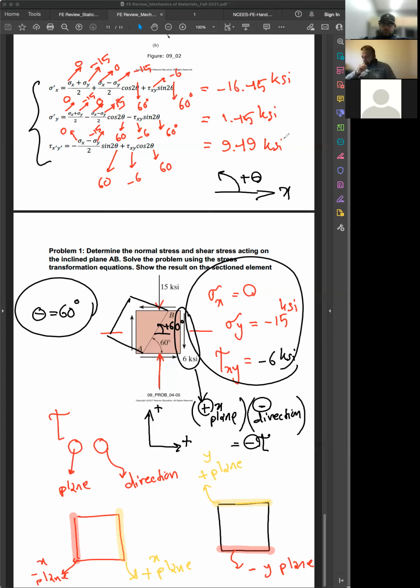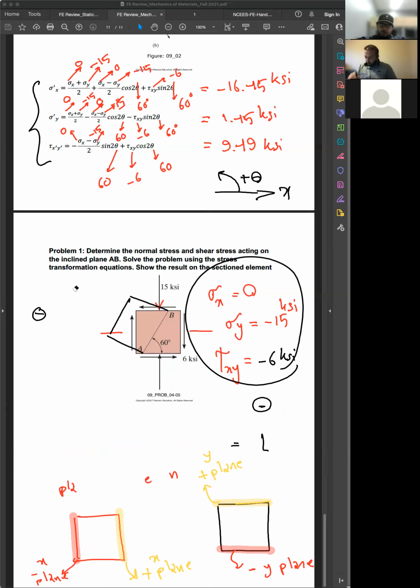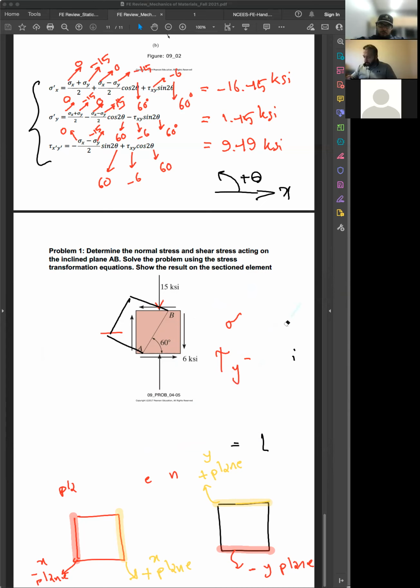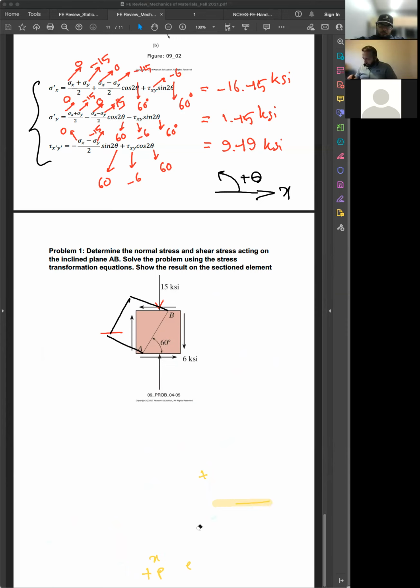So you have found the stresses on the rotated block. So really, what does it mean you have found here? Let me show you. What is going on here is that you have rotated your system to become something like this, correct?